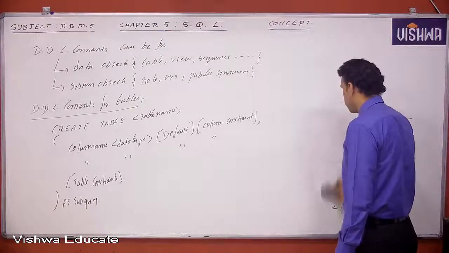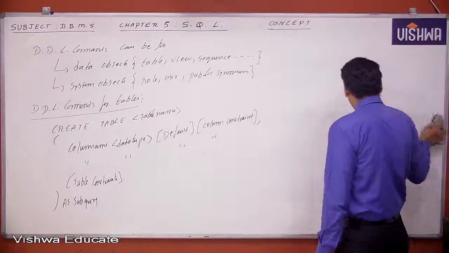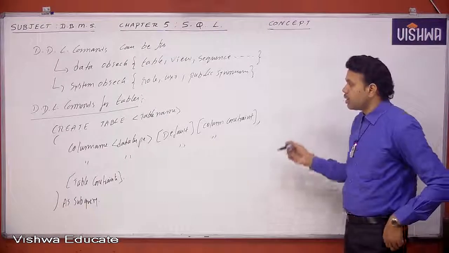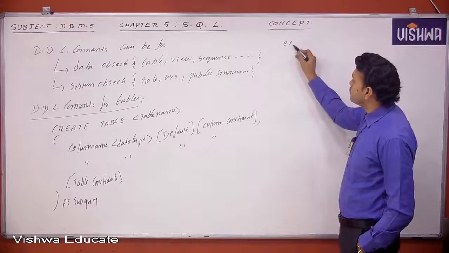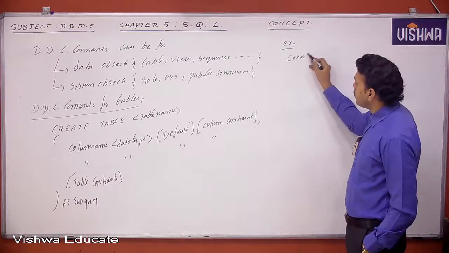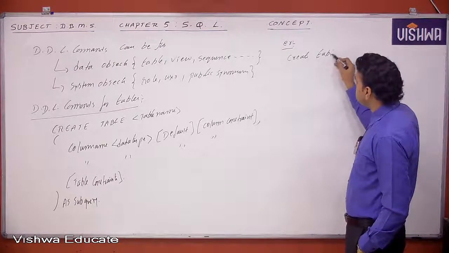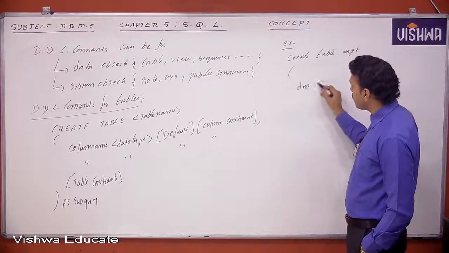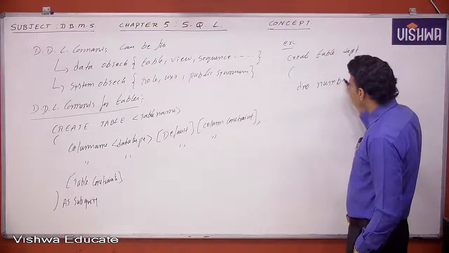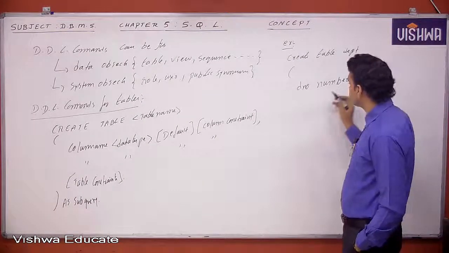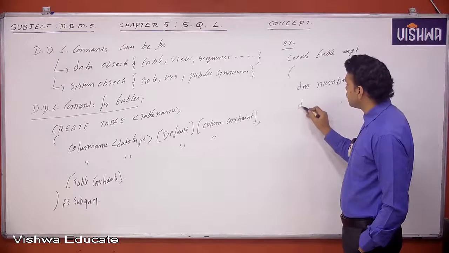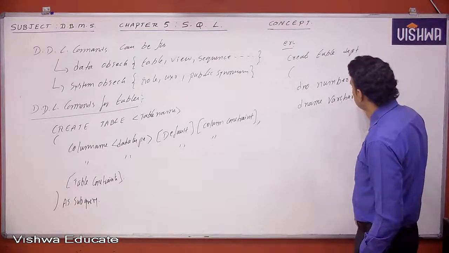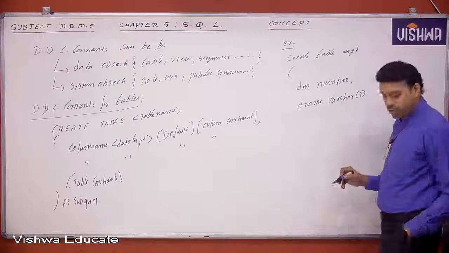Now I want to go for a small example. Create a table department, department number, number is the data type, and a D name, varchar2 of 10.